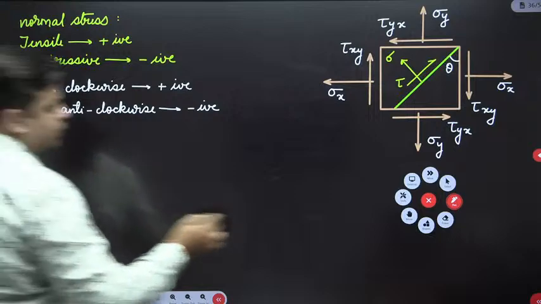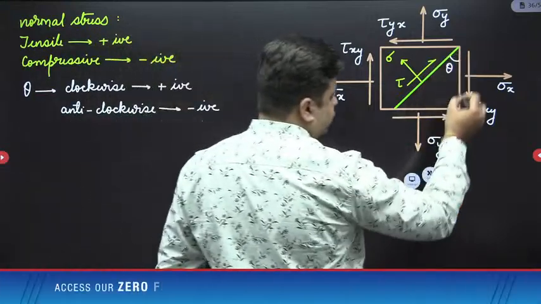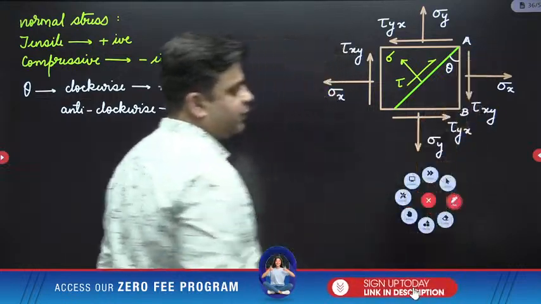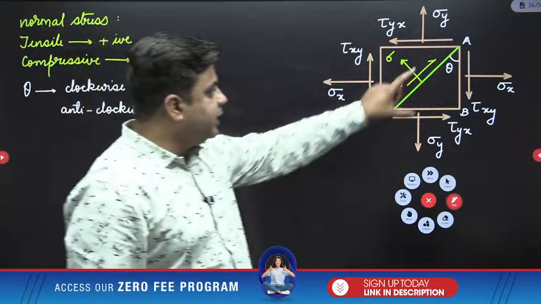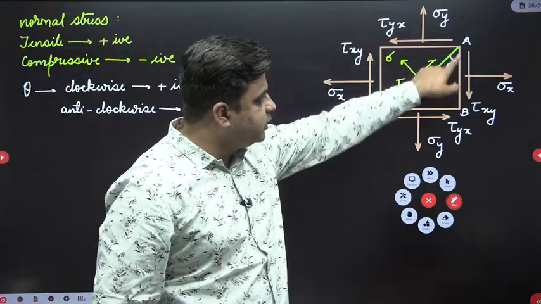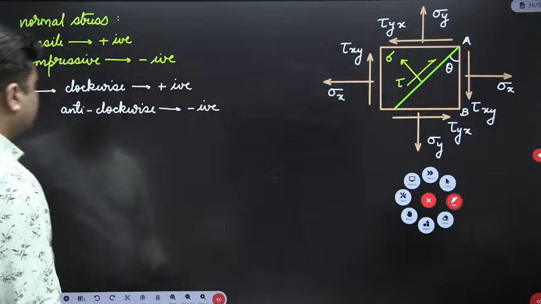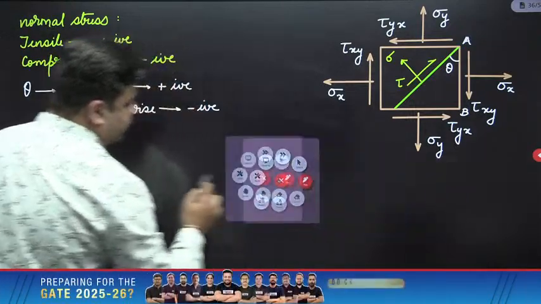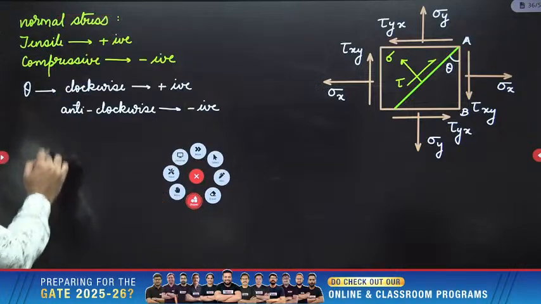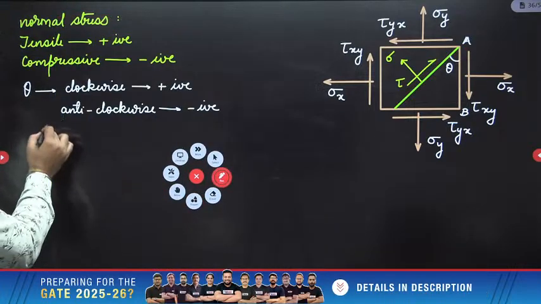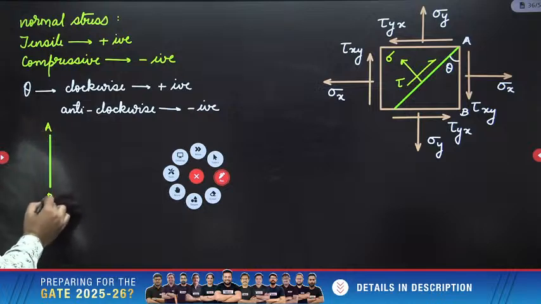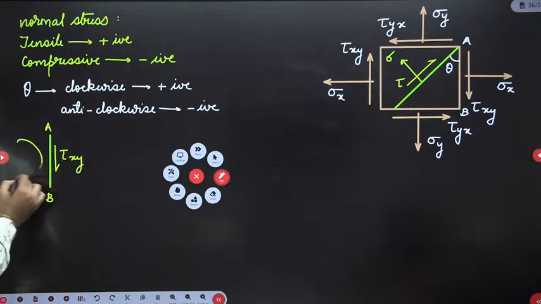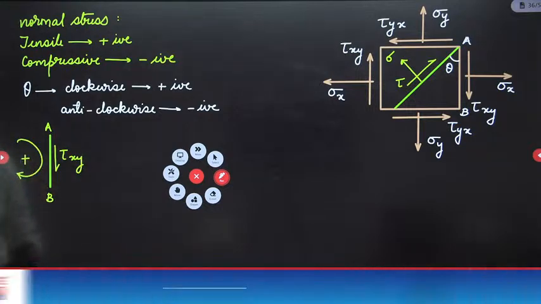Then next, the direction of shear stress should be considered from this reference plane AB. Over the reference plane AB, if the shear stress gives the clockwise sense of rotation, then it is taken as positive.